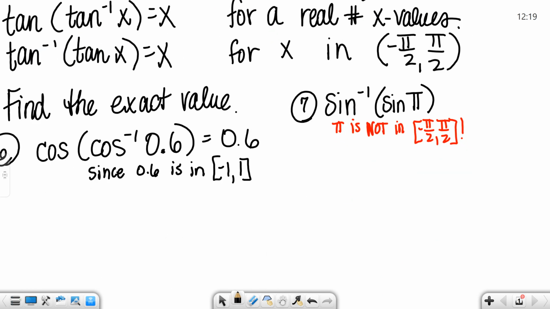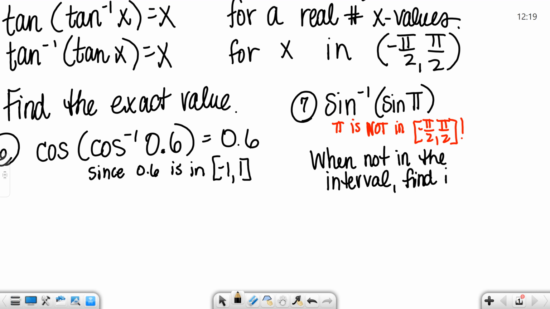All right, so when it is not in the interval, find the value of the parentheses. In this case, I'm finding the value of the sine of pi.